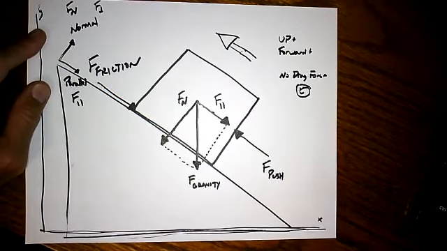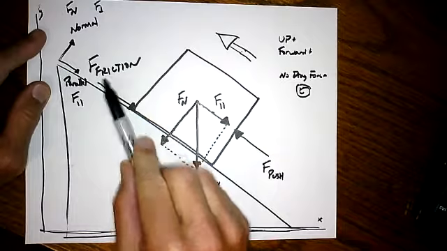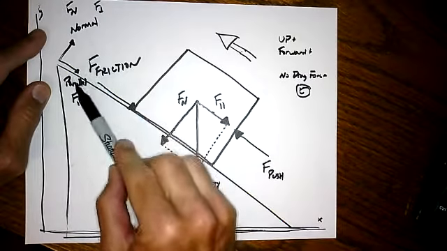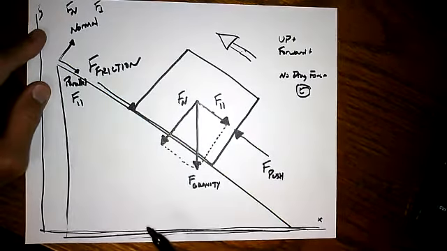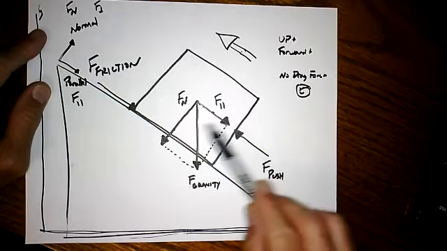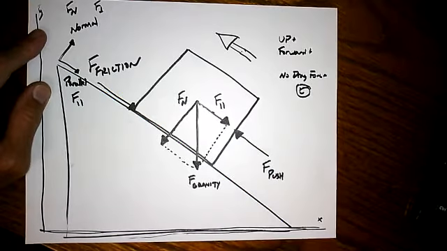So step one of kinetic analysis, identify all the forces acting on the object. The push force, gravity force, friction force. Step two, pick a direction. In this case, we've got parallel and normal local reference frames that we're dealing with. And then we have to decompose this force vector into the parallel component and the normal component.